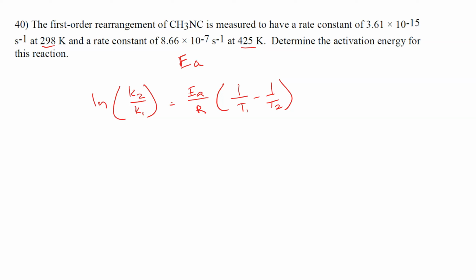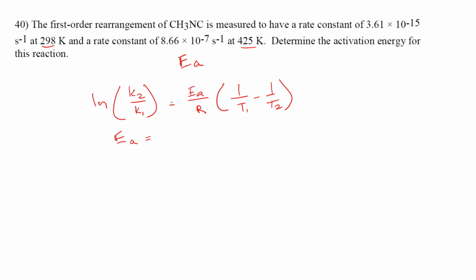So now that we have this, I'm just going to do a quick rearrangement to solve for activation energy to make it super easy. Activation energy, I'm just going to multiply both sides by R and divide both sides by the entire term involving temperature.